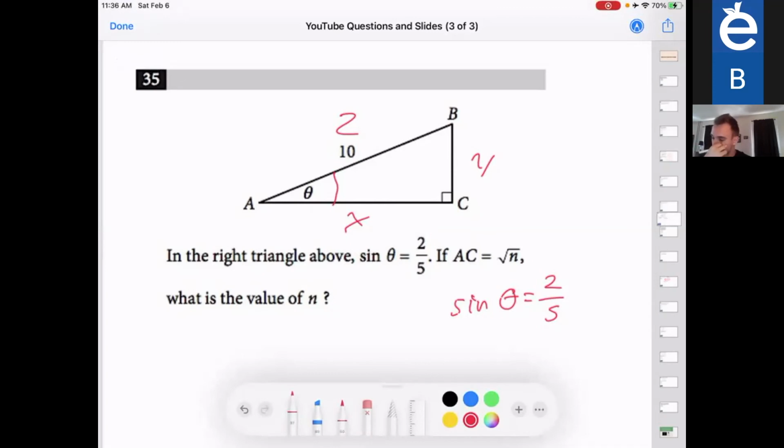So that's my opposite over my hypotenuse. This is telling me then my hypotenuse must be 5, right?